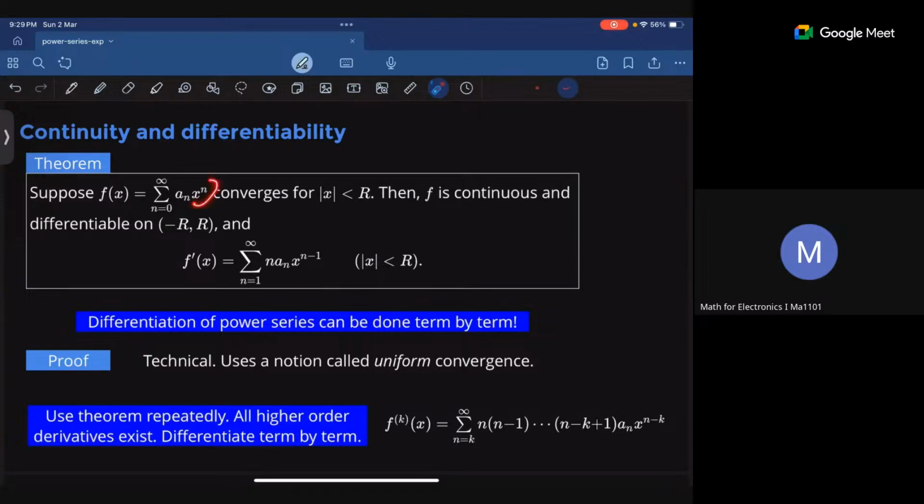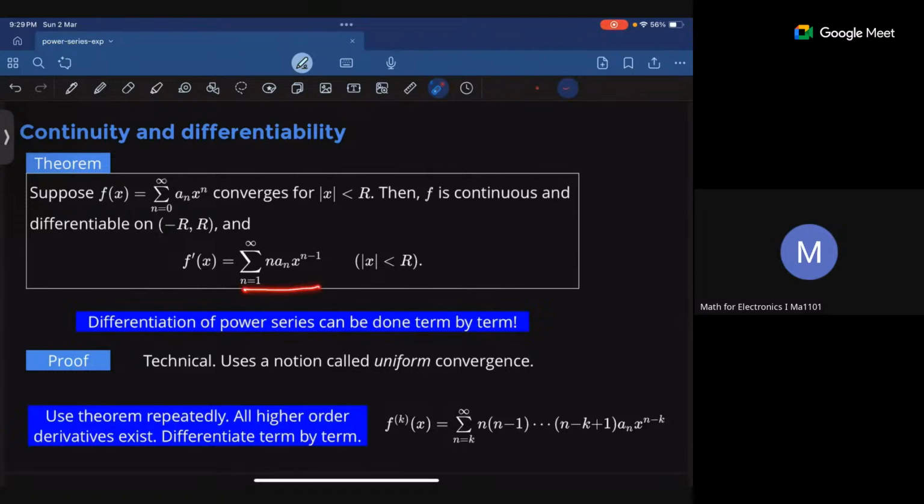You just have to take the derivative. An is constant anyway, constant will stay as constant. X power n derivative will be n into x power n minus 1. So each term will now become n into an into x power n minus 1. The radius of convergence will stay as it is. Okay, so the differentiation of power series can be done term by term. That's it. Okay, so you can do this repetitively.